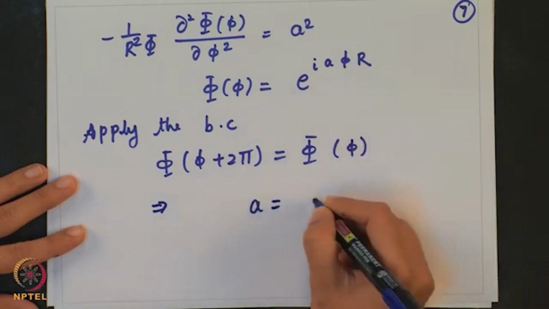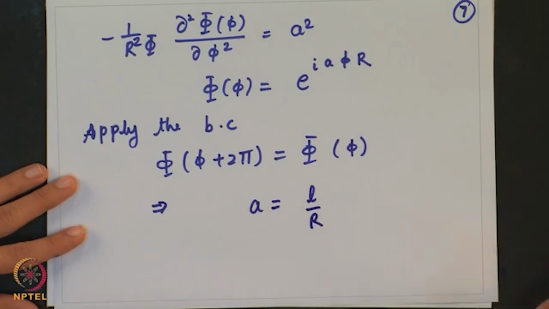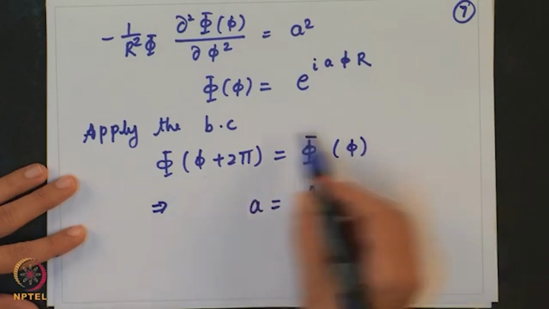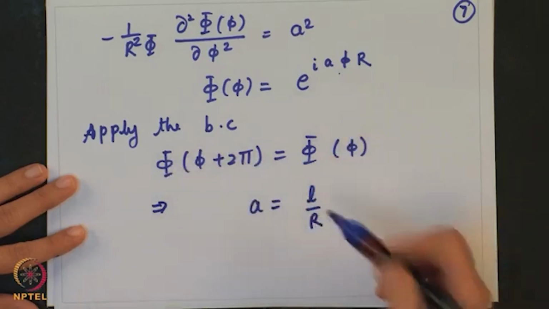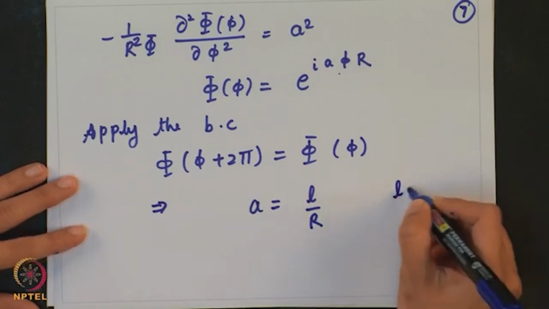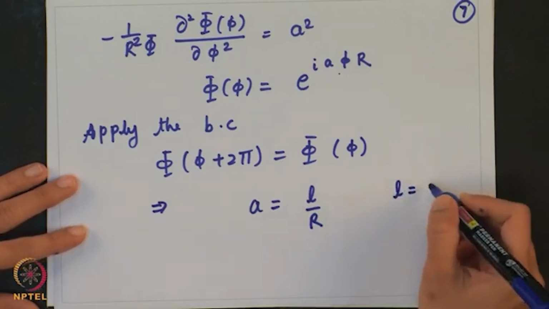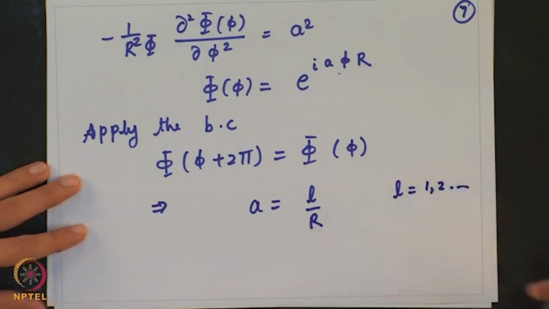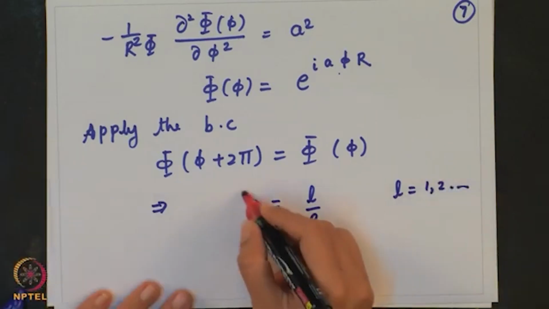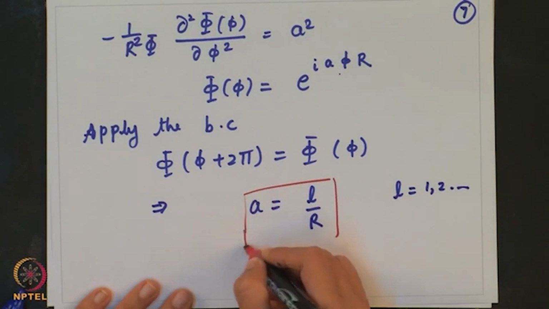So, A will be some l times r. This again you can just substitute here and you get this expression, where l can take any value from 1 to n. So, this is the relation between l and r.